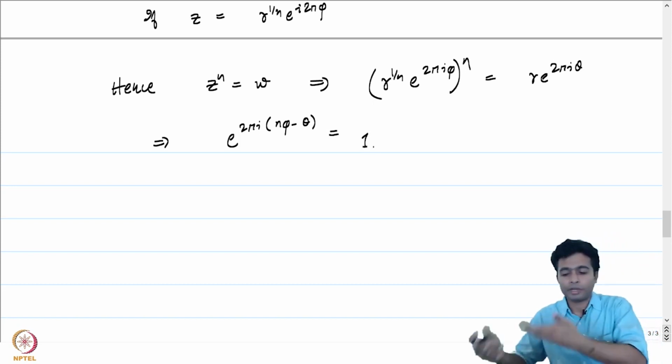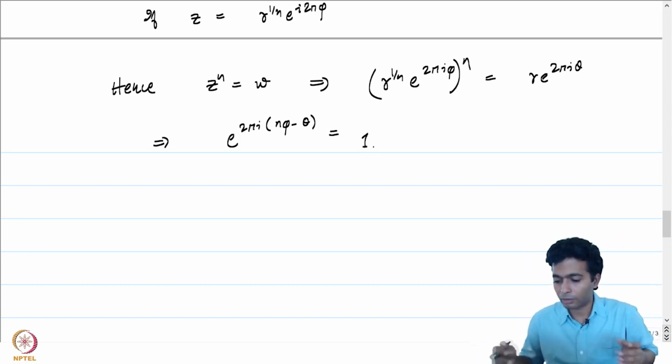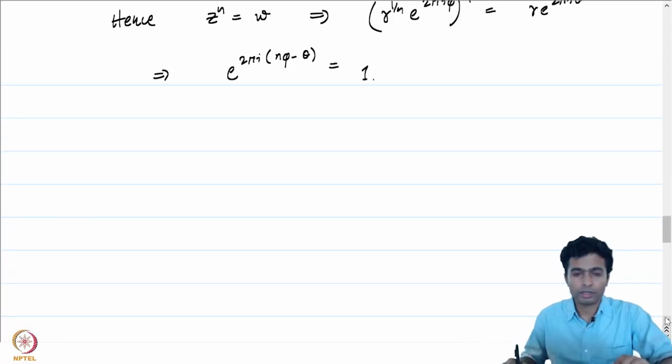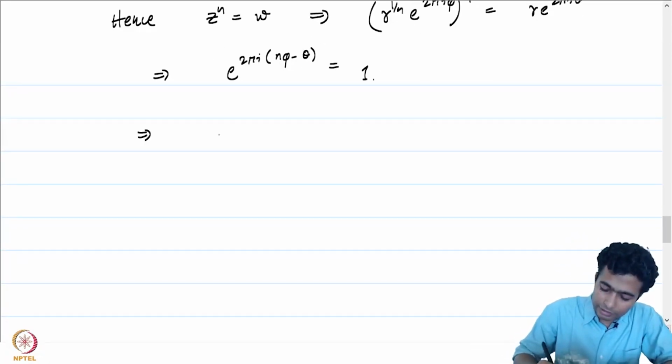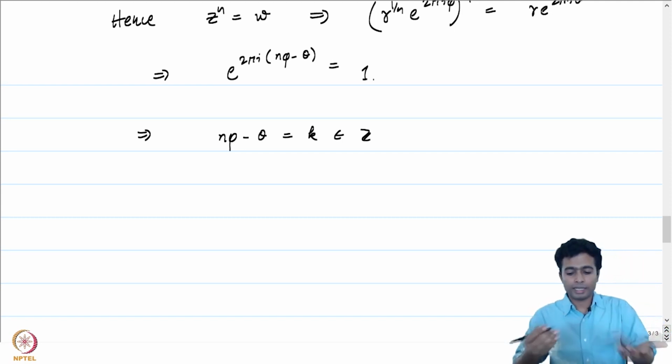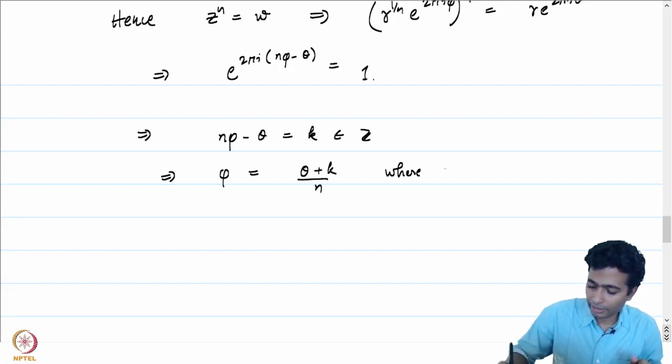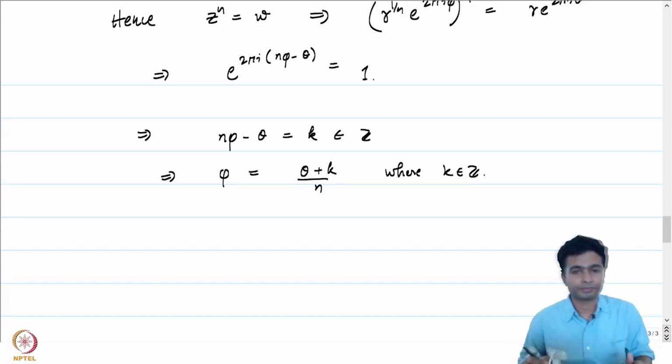I have already multiplied by the complex conjugate of e to the power 2 pi I theta on both sides, and we will be able to write it in this manner. This gives us that n phi minus theta is equal to some integer. That's exactly like in the previous case, and which tells us that phi is given by theta plus k by n, where k belongs to integers.